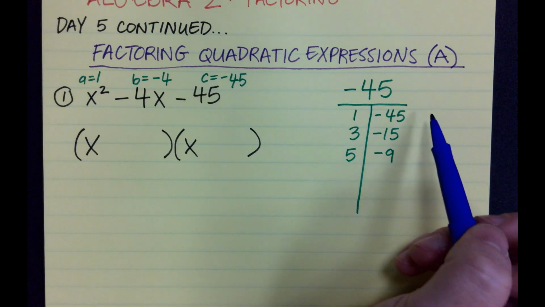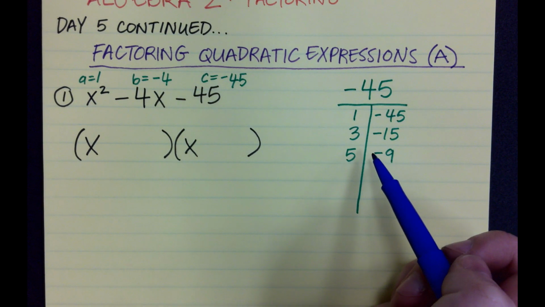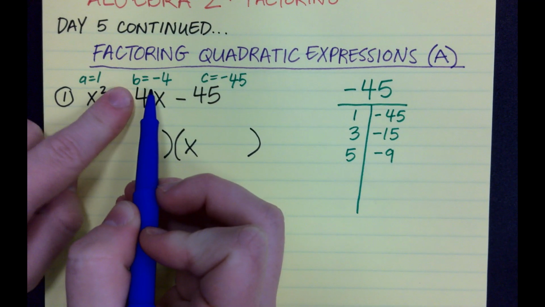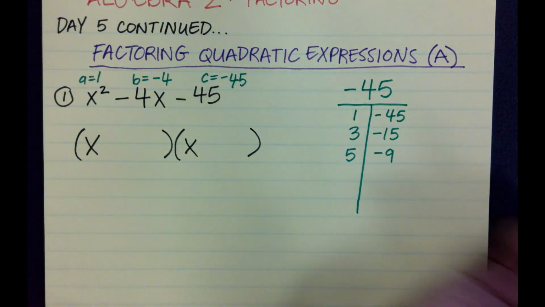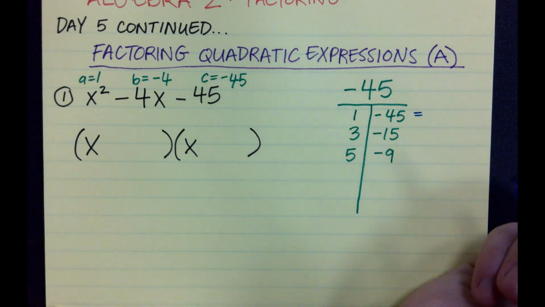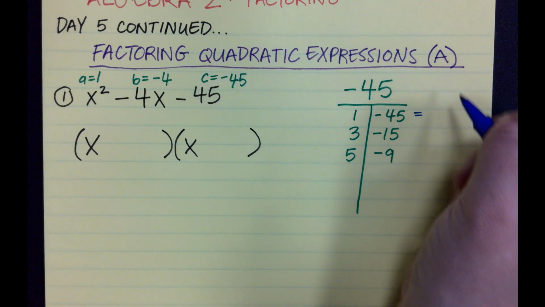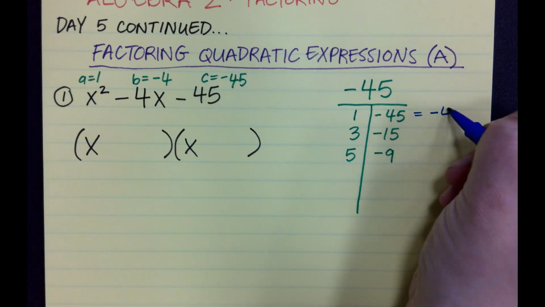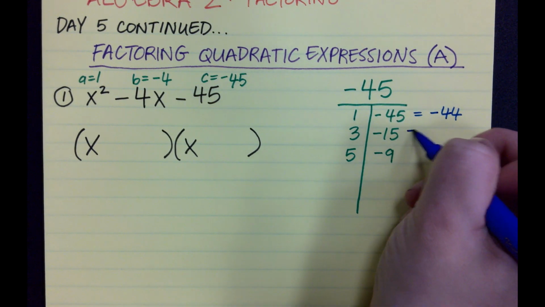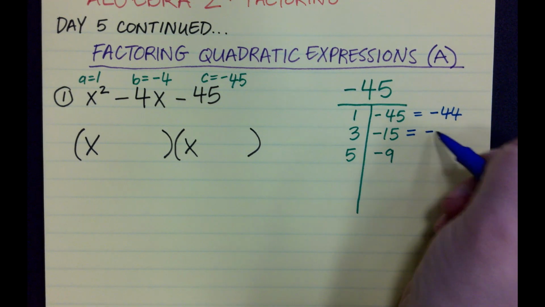Remember, I am trying to find out which of these sets of factors are also going to add up to negative 4. So let's just start adding them together. What is 1 plus negative 45? Or we could just say 1 minus 45. Negative 44. What's 3 minus 15? Negative 12.